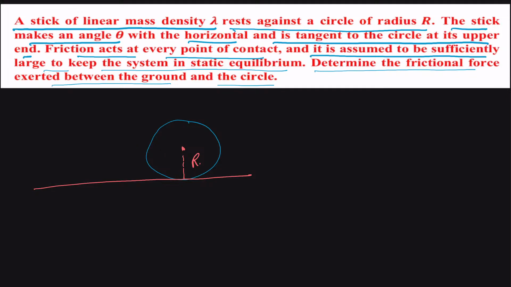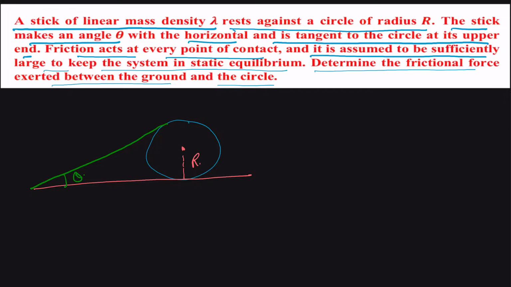So let me draw properly. This is a tangent to the circle, making an angle of theta with the horizontal. And we have to find out the frictional force exerted between the ground and the circle. So this is the basic question.